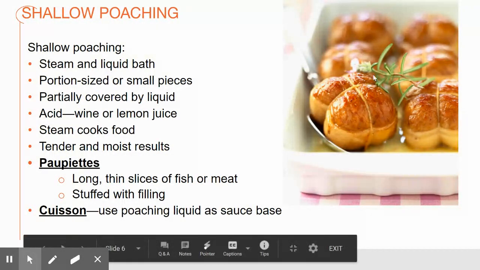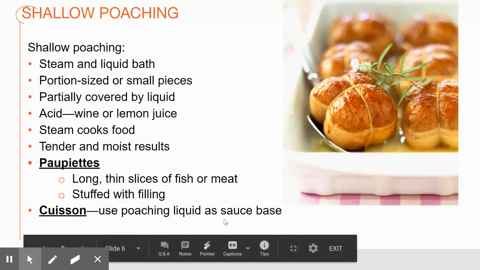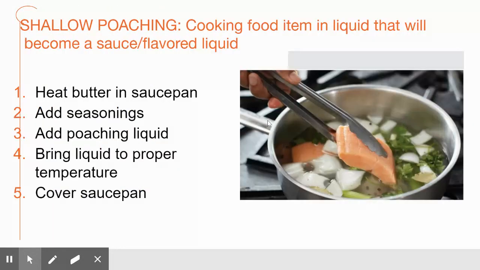This photograph here would show you the little bundle of these paupiettes. You can then use the liquid that they were cooked in to create a sauce. We're going to talk a lot more about sauce creation. But in shallow poaching, this would be a way to make a really nice dish. And this is also a pretty inexpensive way to provide something that is kind of fancy.